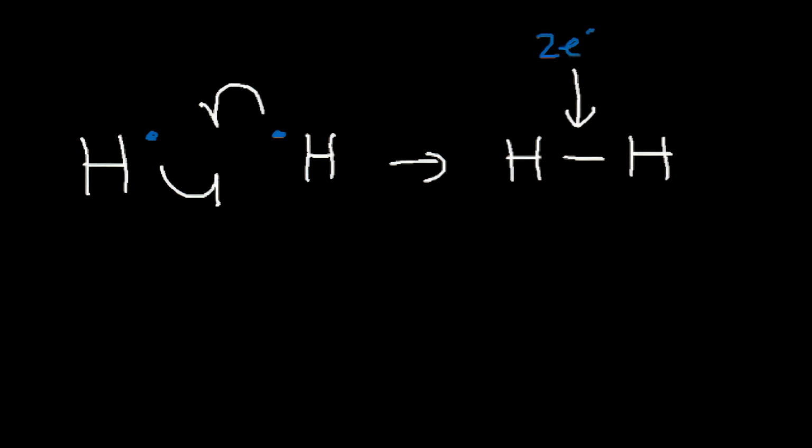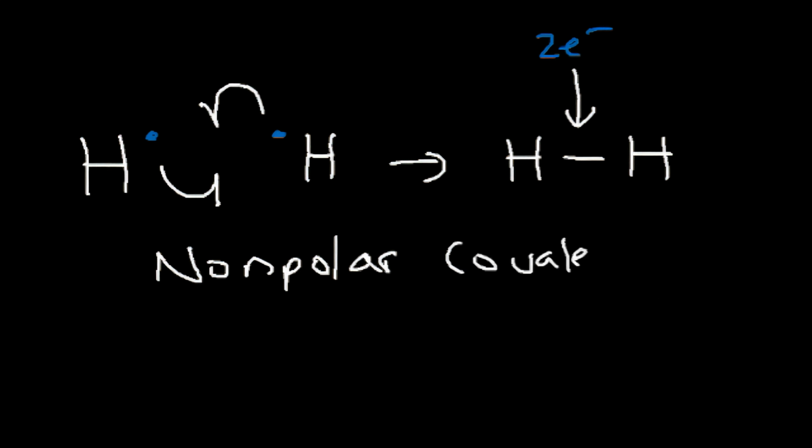Those 2 electrons are shared between the 2 hydrogen atoms. And so this is a covalent bond since we have sharing of electrons. Because the elements are identical, because they have the same electronegativity, this is classified as a nonpolar covalent bond. Because the electrons are distributed equally, it's nonpolar.